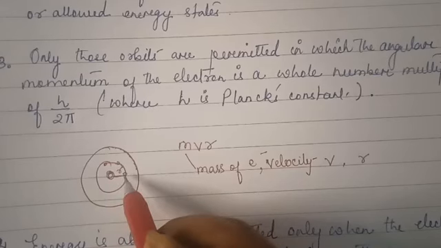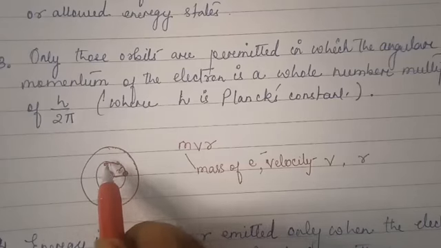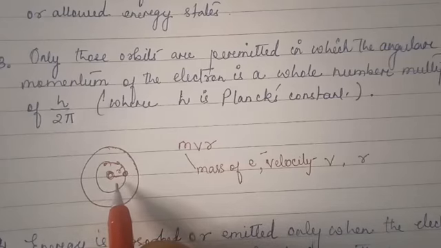Suppose we are considering this electron, it has a certain mass and moves with a certain velocity, and the distance from the center is the radius r.